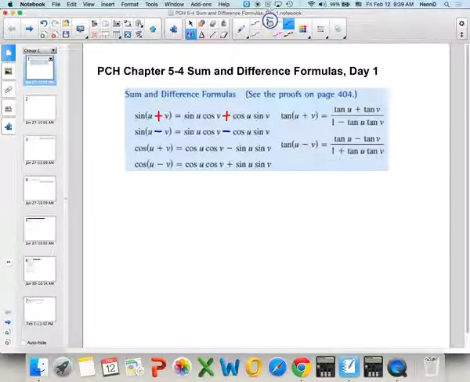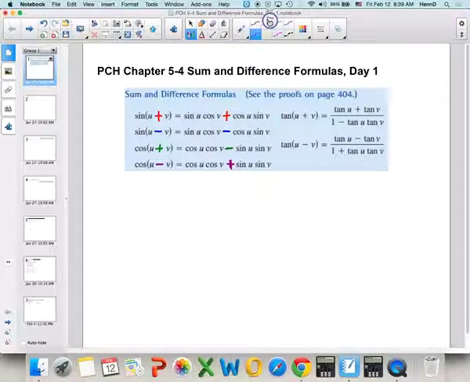With cosine, however, the cosine of the sum of two angles, you end up subtracting the sines from the cosines. When we have cosine of u minus v, you're going to take the cosines plus the sines.